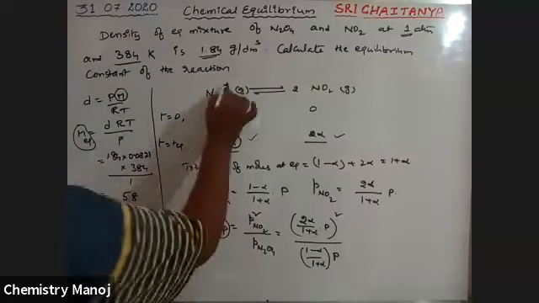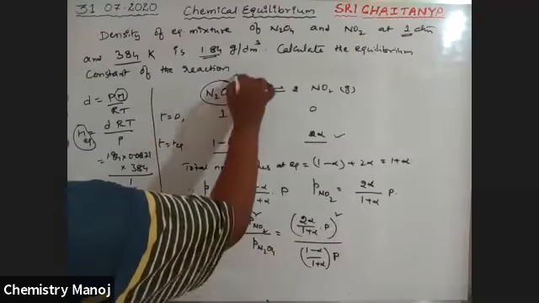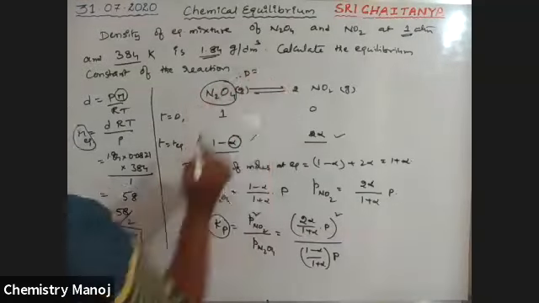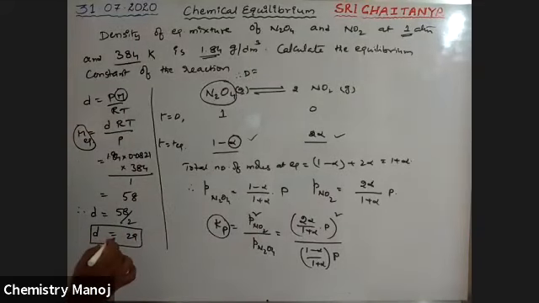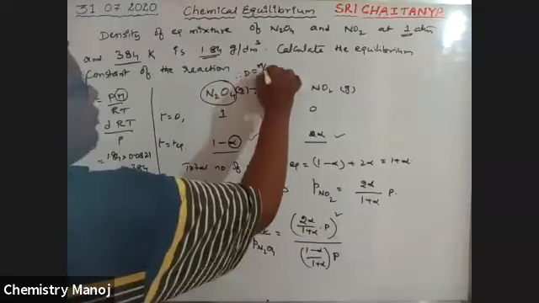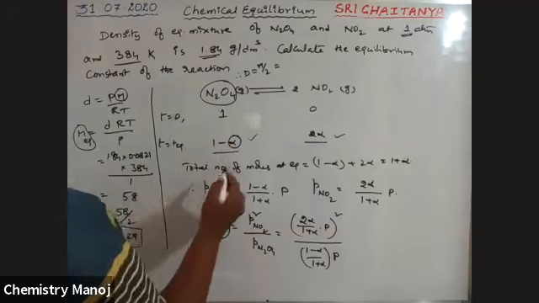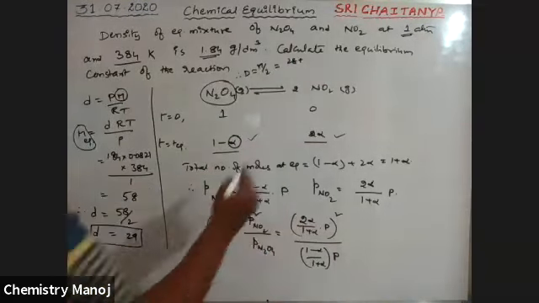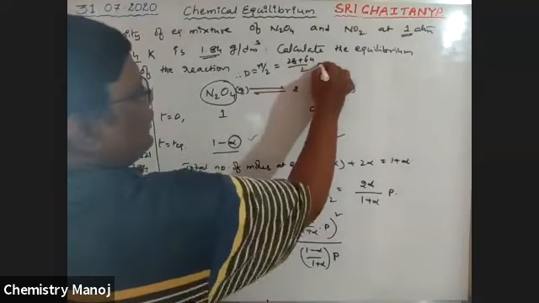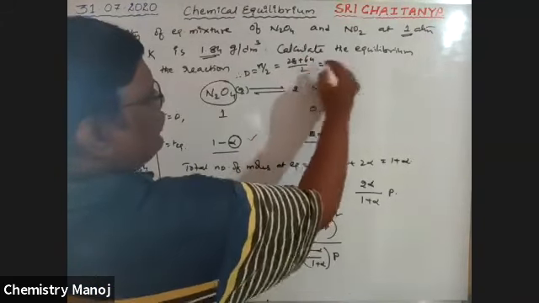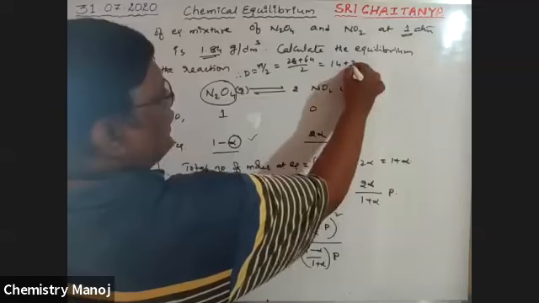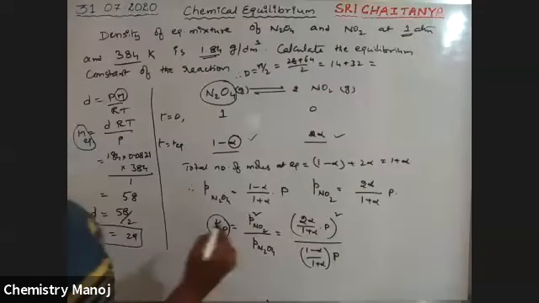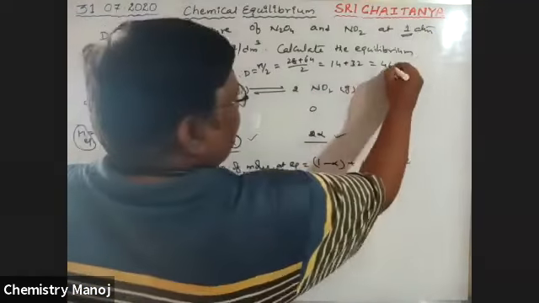Capital D means initially we take only N2O4. Therefore, capital D is equal to molecular weight by 2. Molecular weight of N2O4 is 28 plus 64, so capital D is 92 by 2, which is 46.